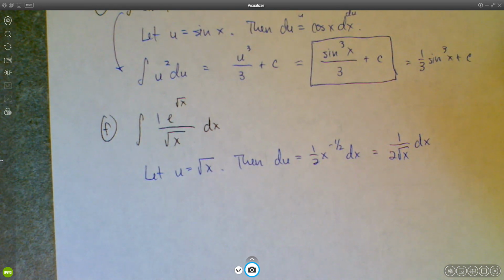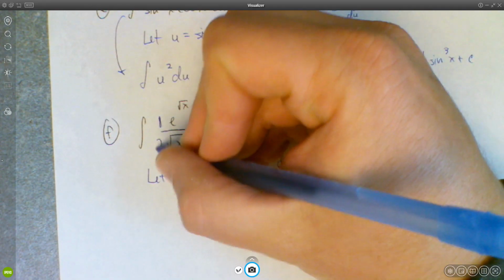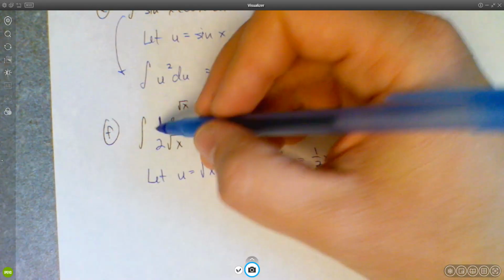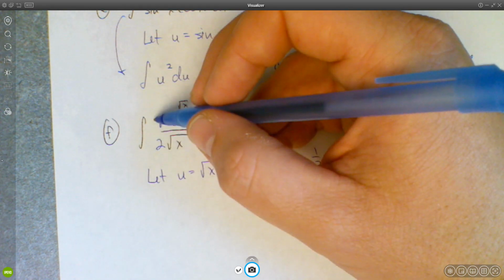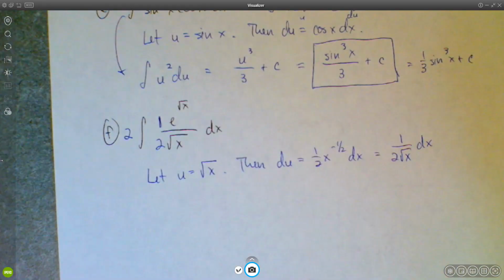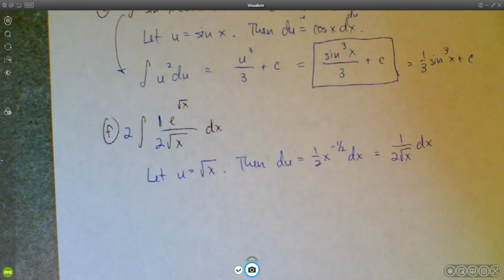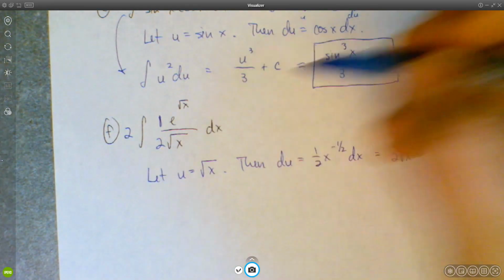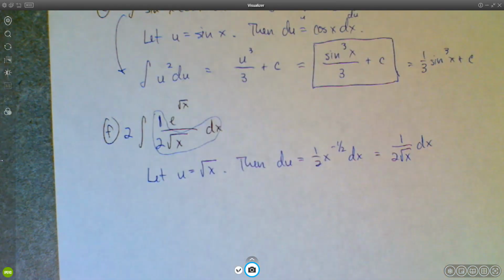Okay, so here's what I can do. I can force this to be 1 over 2 root x. Essentially, I've multiplied by 1/2, which I'm allowed to do as long as I balance it by multiplying by 2 out front. Then I haven't changed anything. Now I've got 1 over 2 root x dx, and this whole thing is du.